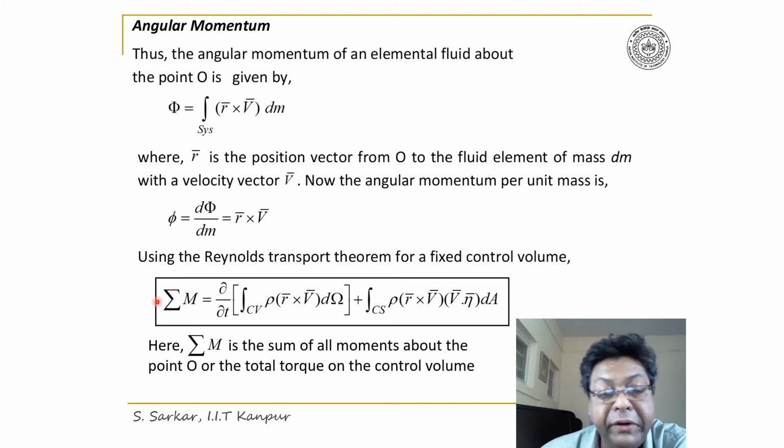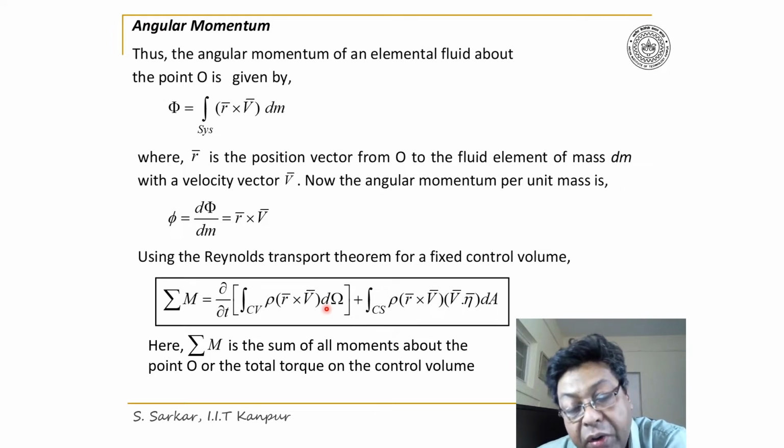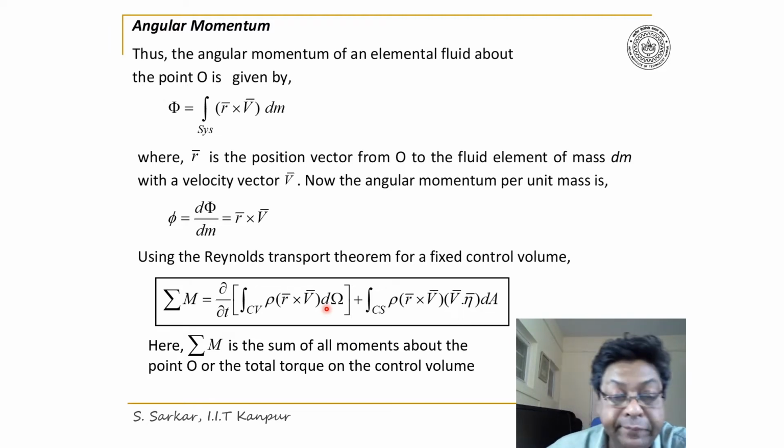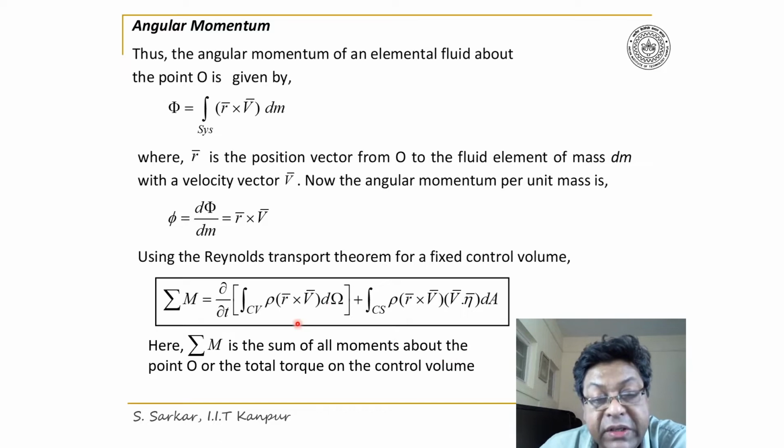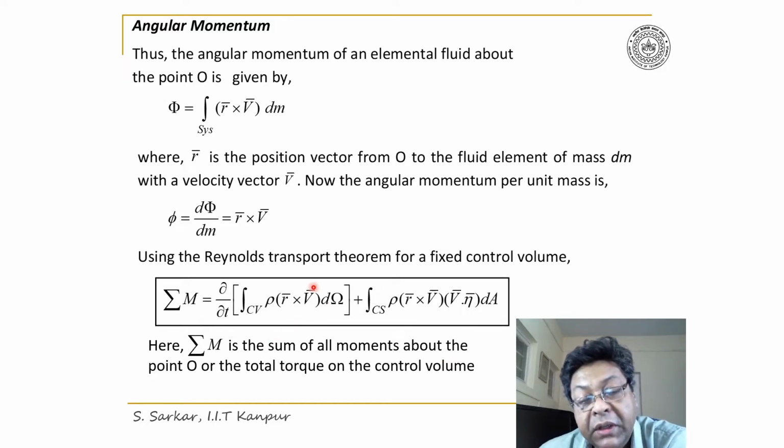So sigma M represents the total torque on the control volume, and this sigma M would be equal to del/del t of volume integral rho r cross v d omega plus surface integral of rho r cross v dot eta dA. The first term represents the momentum of the total volume, and the next one the momentum flux out of the control volume.